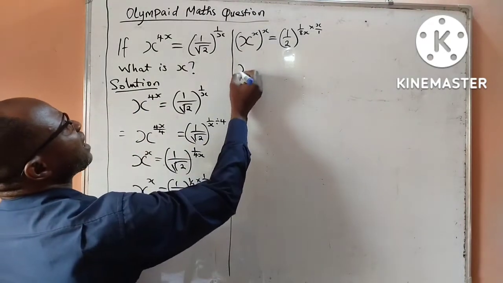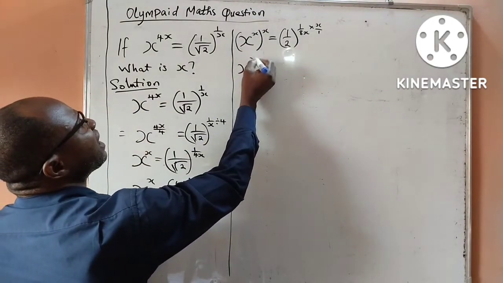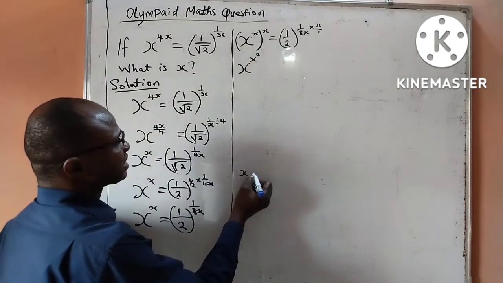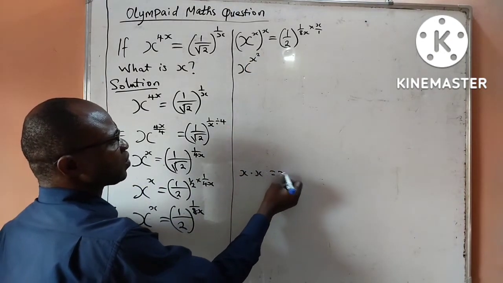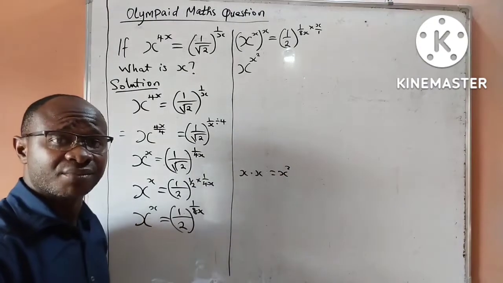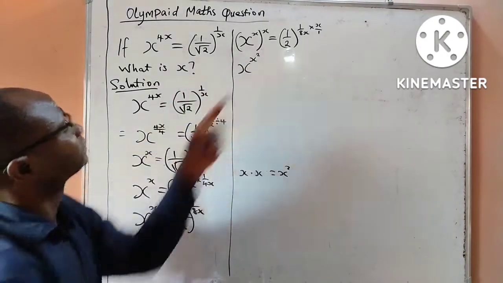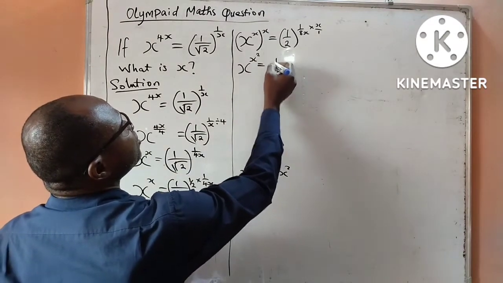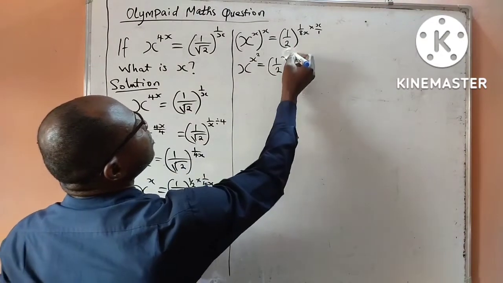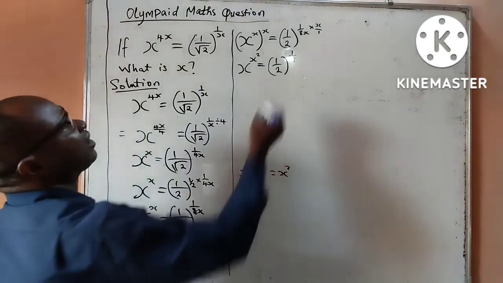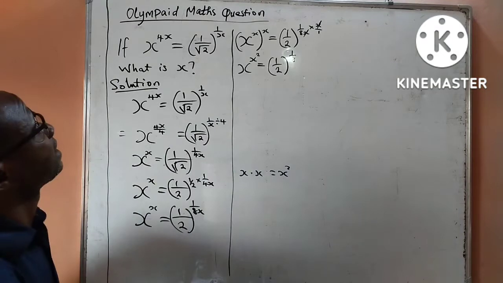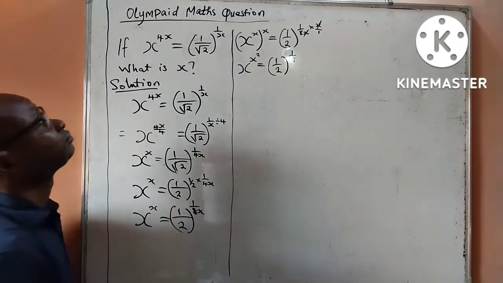Doing that, I will have here x raised to the power x squared. Beautiful, because x times x is equal to x squared. Now, to the right hand side, I will have 1 all over 2 raised to the power 1 over 8, because x will cancel x. This is where we are now.